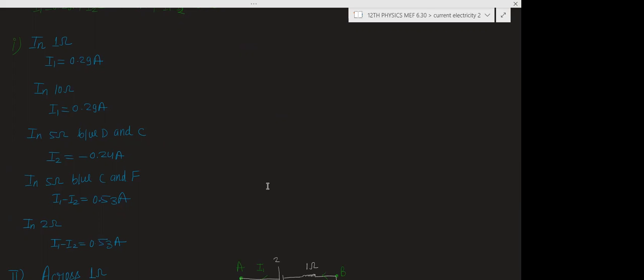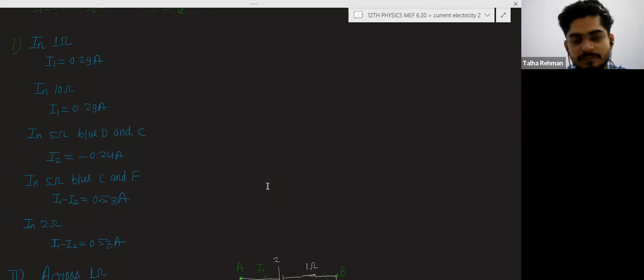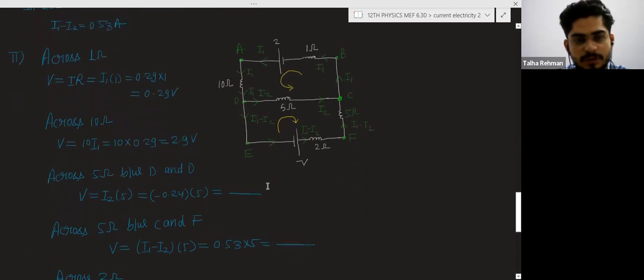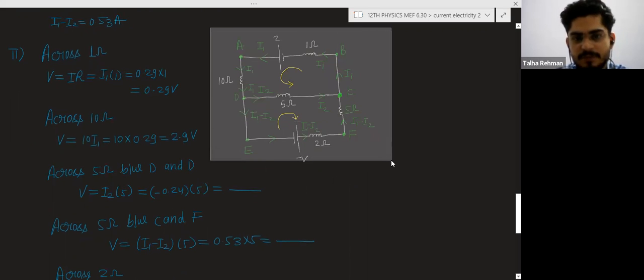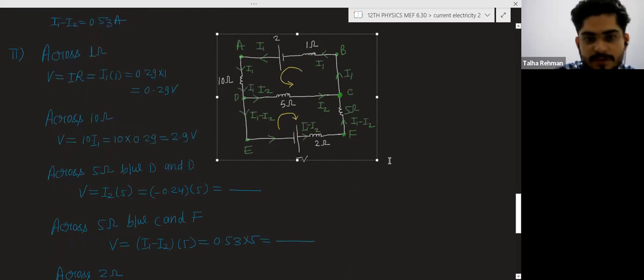Done, sir. Nafisa and Nawal, yes, sir, done. You guys are fast. Now no need of this diagram. Don't make this diagram again and again. Okay.